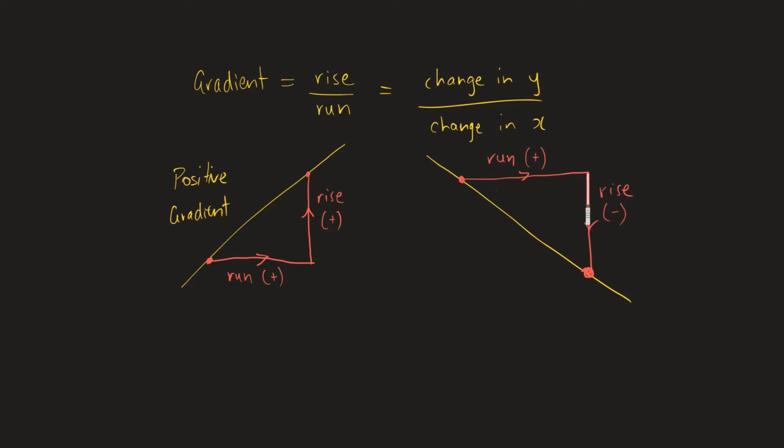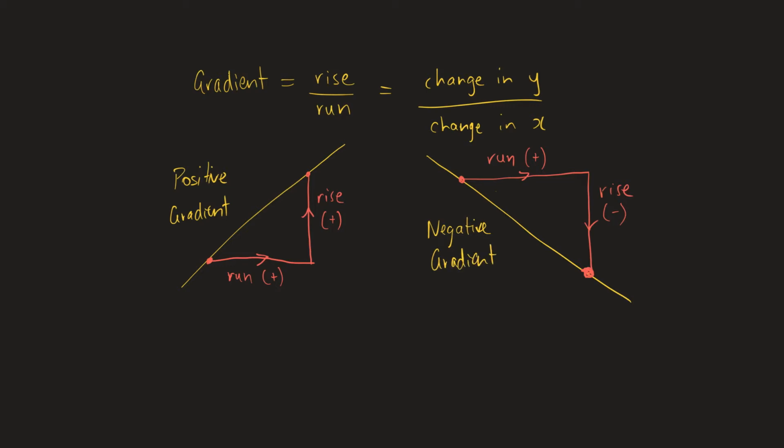As from this point, I'm going down. So I'm moving from larger numbers on the y-axis to smaller numbers. So the rise is negative. So therefore, we say that that's a negative gradient.